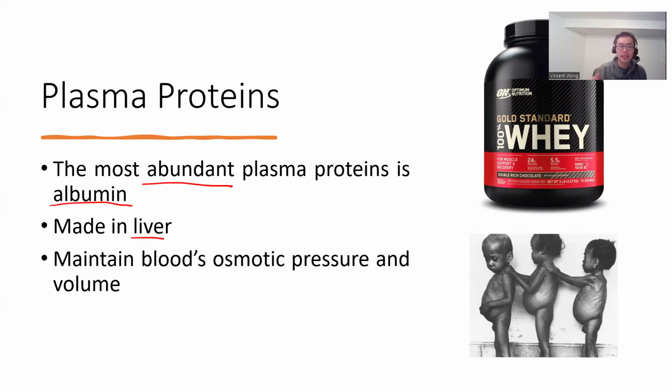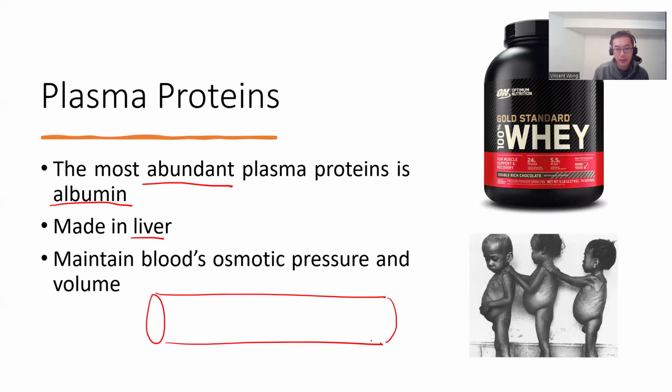And what albumin does, as far as we know, is it stays in the blood and it basically adds to the concentration of the blood. By adding to the concentration of the blood, you are able to maintain the blood osmotic pressure and therefore the blood volume. Remember, we learned this last class, right? Your capillaries, your blood vessels, they have these solutes in there, right?